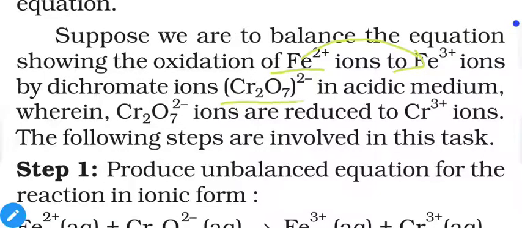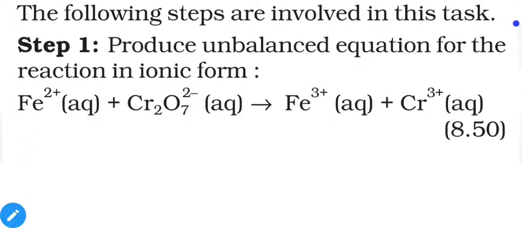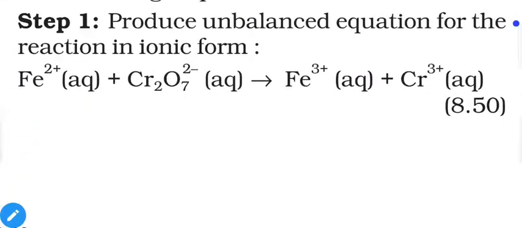Then we have the dichromate ion, which is reduced into Cr3+, so this will be our second reactant. As products we have Fe3+ and Cr3+. So the unbalanced equation is: Fe2+ plus Cr2O7 2- produces Fe3+ and Cr3+.